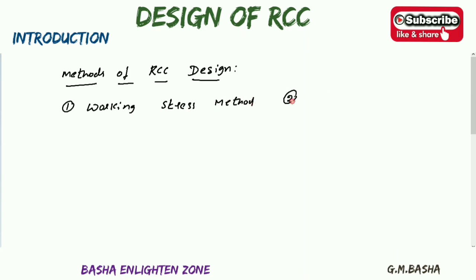Second one will be ultimate load method, and third one will be limit state method. According to our syllabus, nowadays we are preferring only the limit state method for the design of RCC.